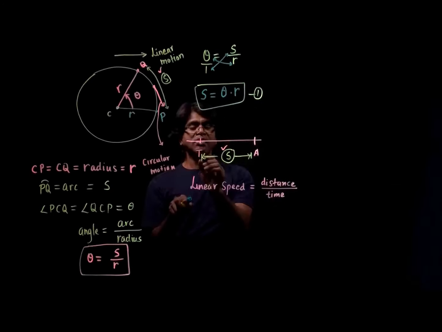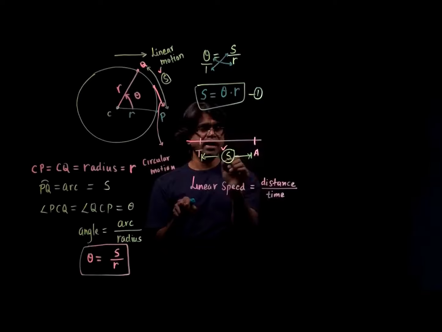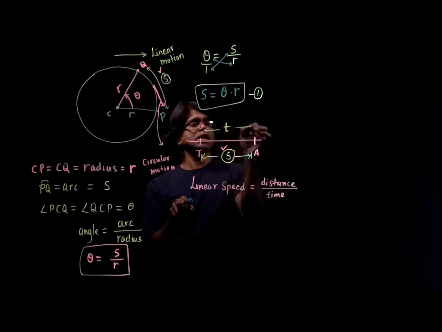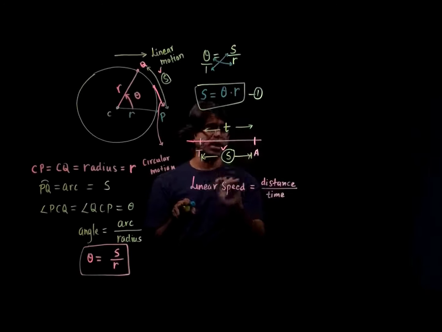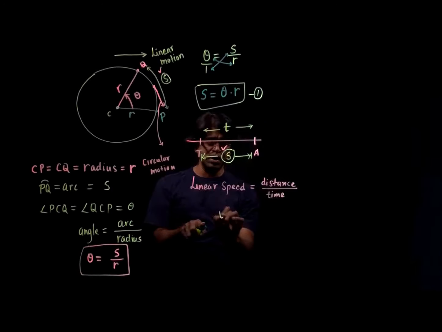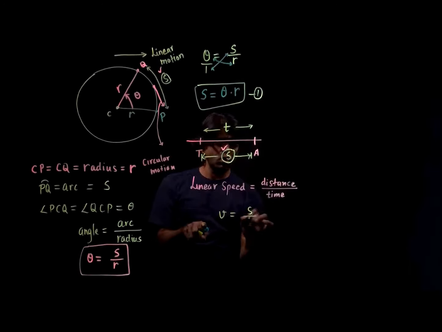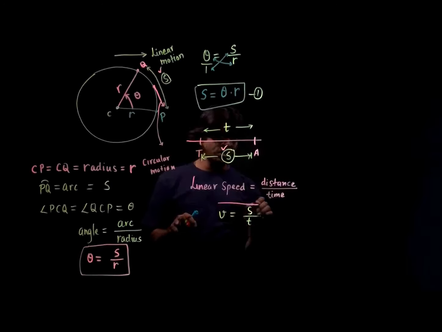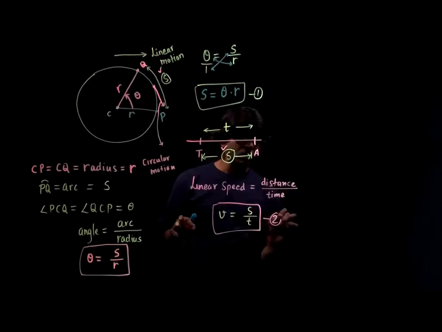As we can see, we are considering the distance from T to A as S, and let small t be the time it takes to go from T to A. Then what will be my speed? My speed v will be S over t. I'm going to consider this linear speed v equals S over t as my second equation.